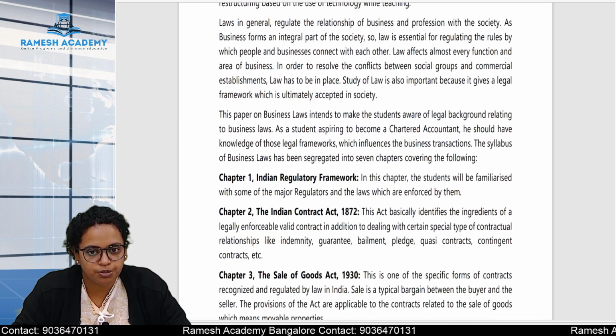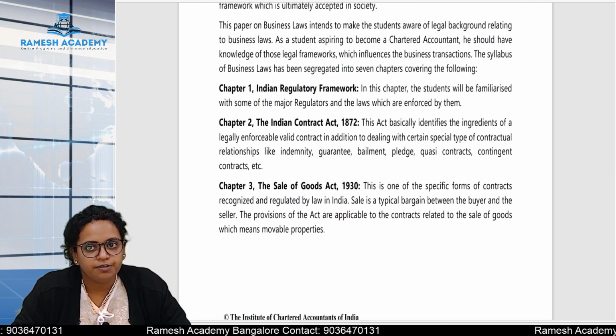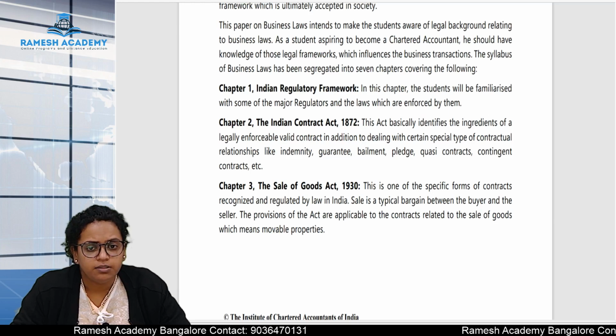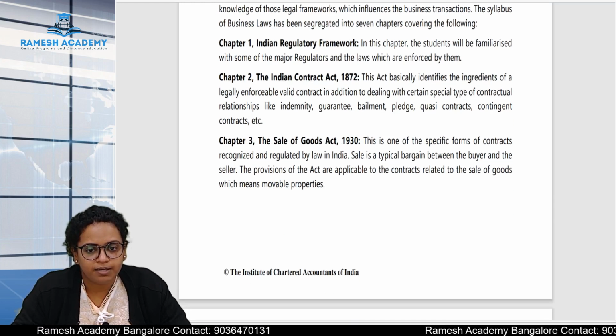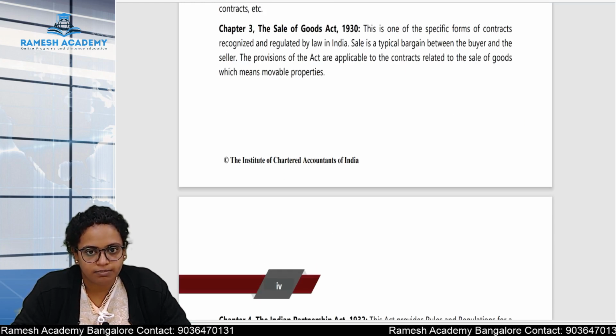For insurance we have IRDA. Then we have IBBI, the Insolvency and Bankruptcy Board.